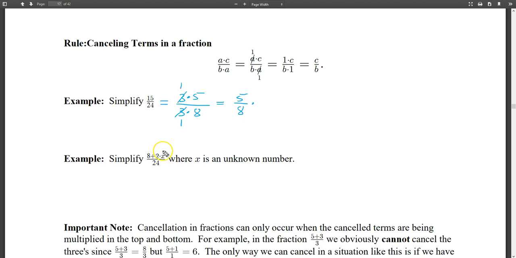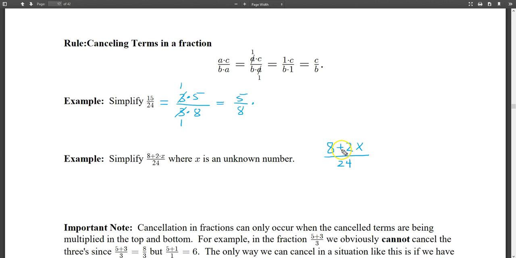Let's take a look at this one. Now here's one with a variable in it. Let's simplify 8 plus 2x divided by 24. So we want to simplify this. Now we talk about this down here in more detail, but you cannot cancel the 8 with the 8 in the 24.